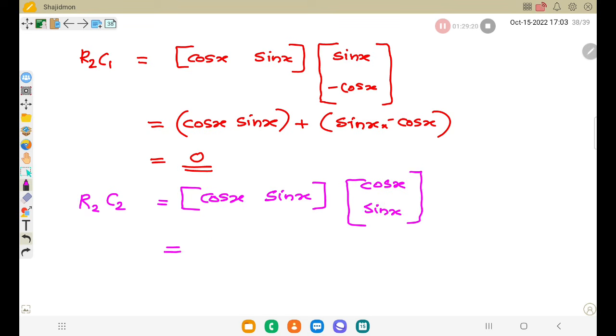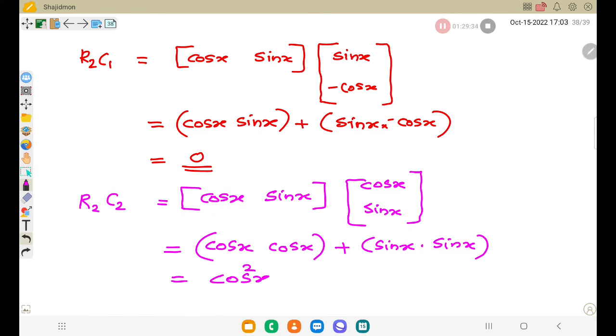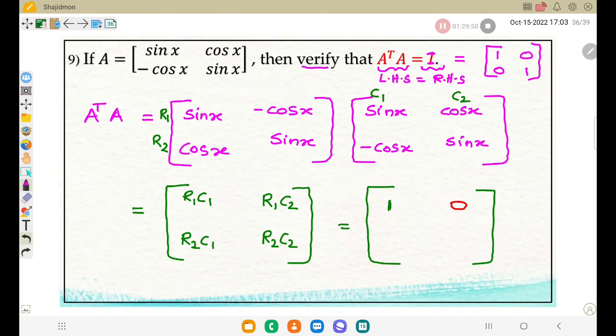First number cos x times cos x means cos square x, plus second number sin x times sin x means sin square x. What is sin square plus cos square? Again it is 1, from the trigonometric identities we studied. So here 0, here 1. Correct?